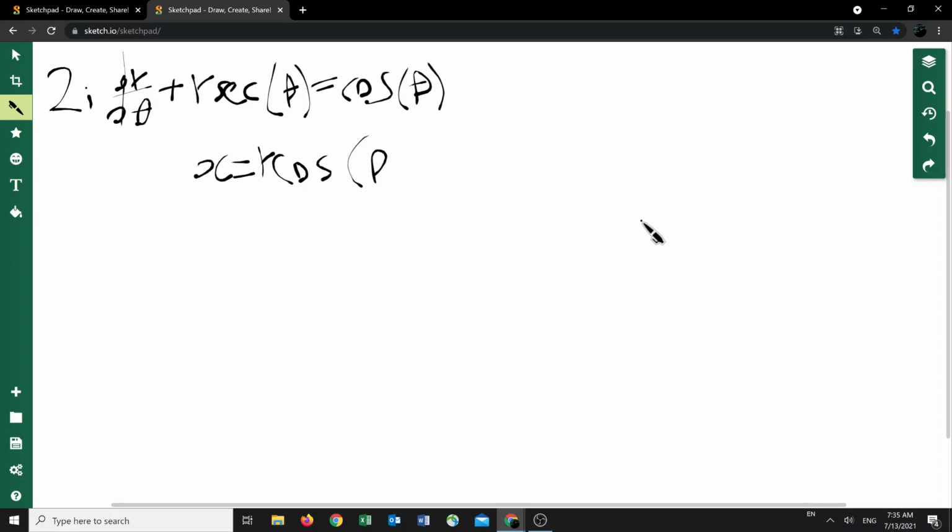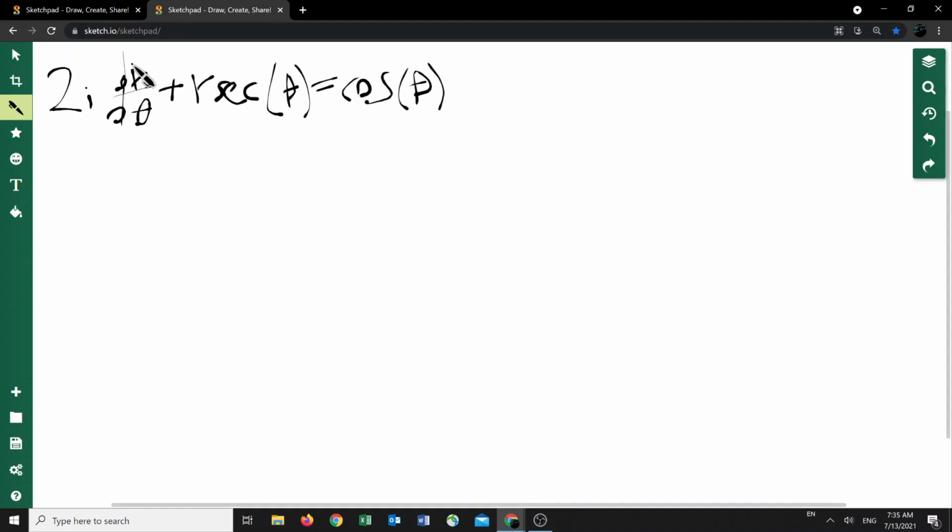I'm not sure if it's possible to actually convert, but that's just what this is. So we're dealing in the r theta plane here, so polar coordinates.